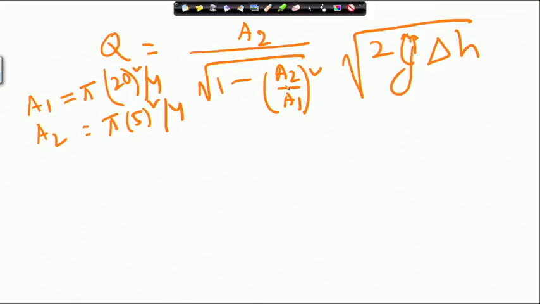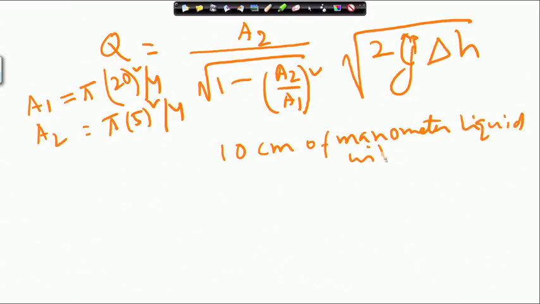How do I get delta H? So, the pressure difference indicated by the manometer fluid is 10 centimeter of manometer liquid, which has specific gravity 0.8.